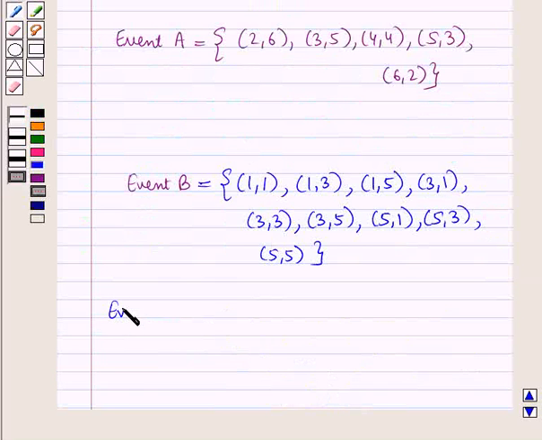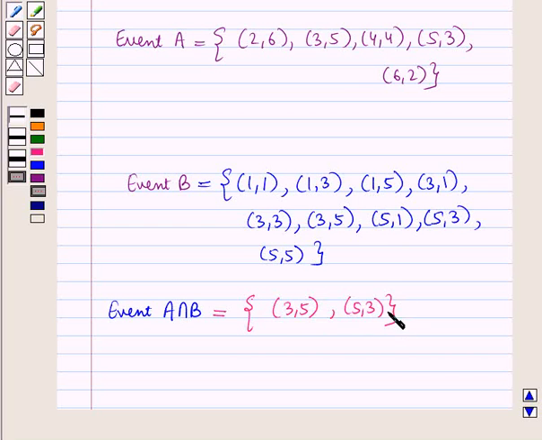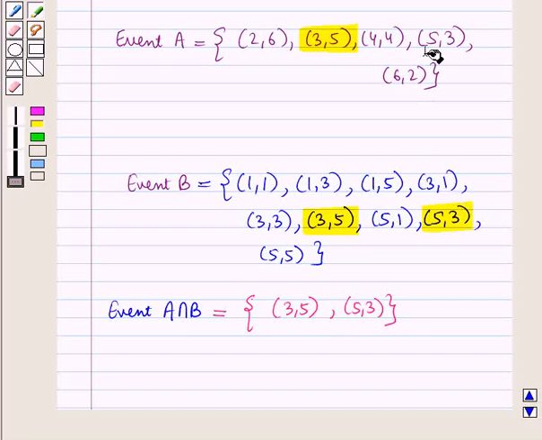Now let us find event A intersection B, and this is equal to a set containing elements which are common to both event A and event B. So it is a set containing the ordered pairs (3, 5) and (5, 3), as the ordered pairs (3, 5) and (5, 3) are common to both these events.